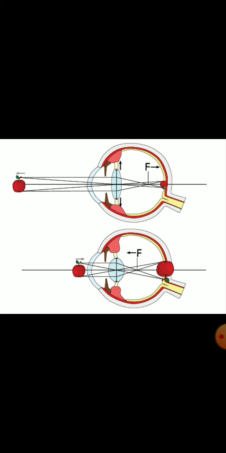Let us refer to the second diagram. Here an apple is nearer. Here also three things we will remember. Ciliary muscles contract. As a result, the eye lens becomes thicker and focal length decreases, and this helps us to see nearby objects clearly.